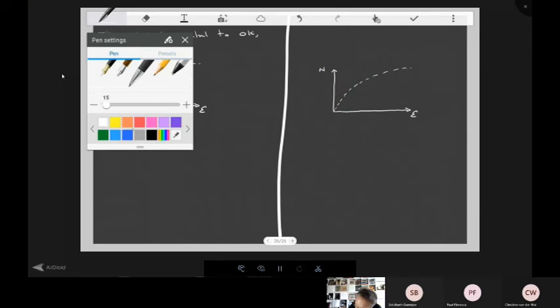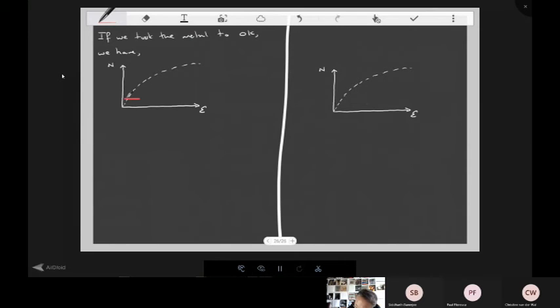Basically what we have is this. And what I've drawn here are the electrons. What I've drawn in that diagram is the number of electrons at different energies.